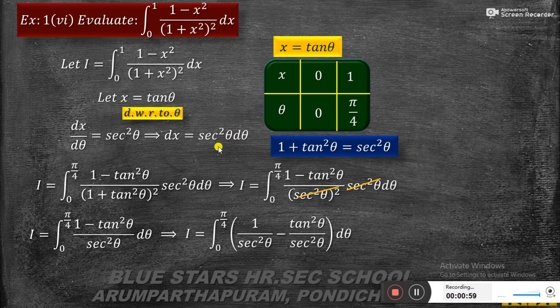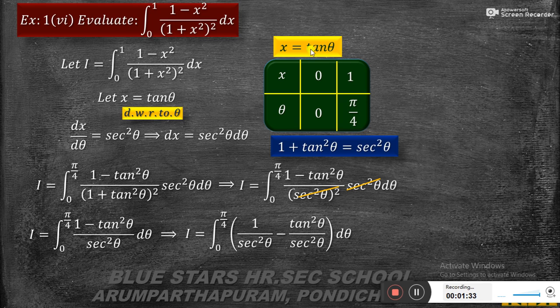Now we change the interval. The x interval is 0 to 1, with the function x equal to tan theta. Substituting x equal to 0, theta equal to tan inverse 0, which is 0.